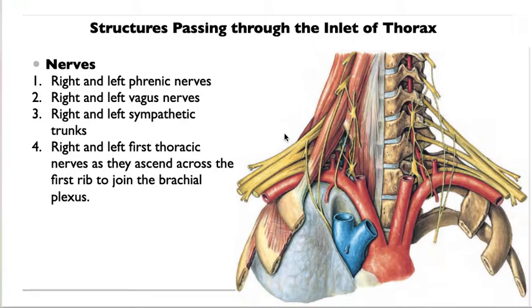The nerves related to the inlet, we have the right and the left phrenic nerves, right and left vagus, right and left sympathetic trunk, and right and left first thoracic nerves as they are ascending across the first rib to join the brachial plexus.